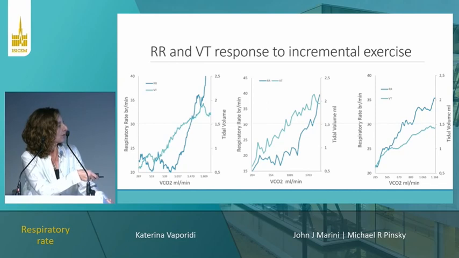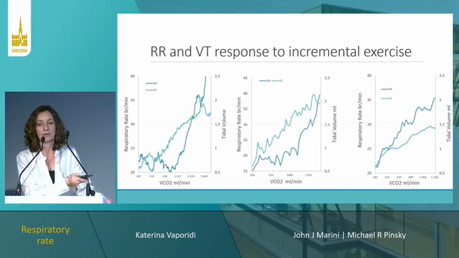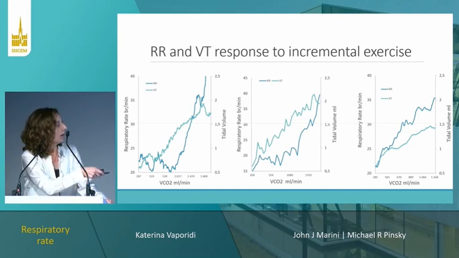So please note that my tidal volume with incremental exercise increased quite rapidly and plateaued towards the end, while my respiratory rate was stable, low, and started increasing, passing a respiratory rate of 30 when my tidal volume was above 1.5 liters. And it started increasing sharply well after halfway or more on exercise.